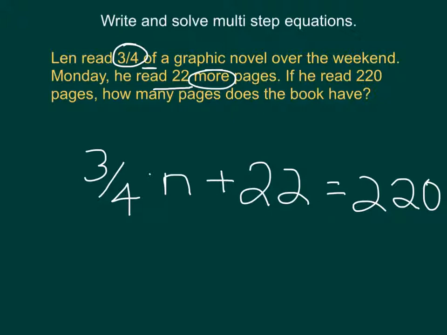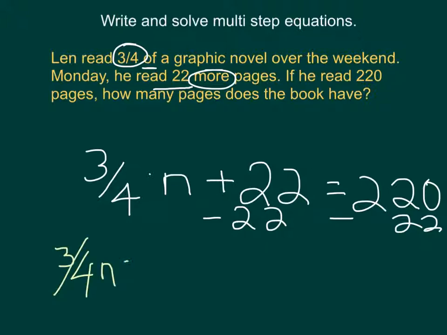So now here we would subtract 22 from both sides, which would leave us with 3/4 n equals 198. Now here we're multiplying by 3/4, but to do the opposite we would actually divide by 3/4. But when we divide fractions, we multiply by its reciprocal.